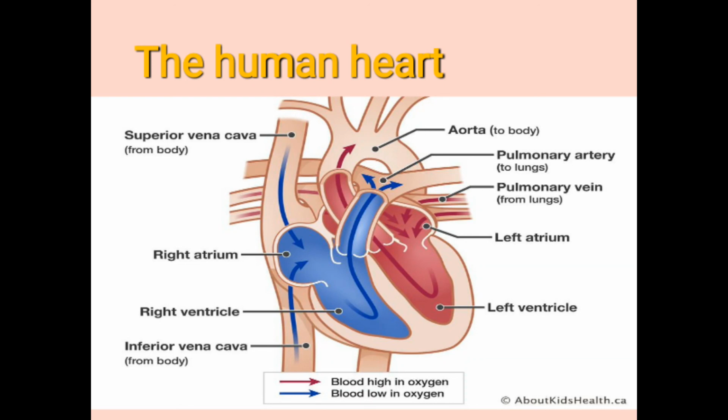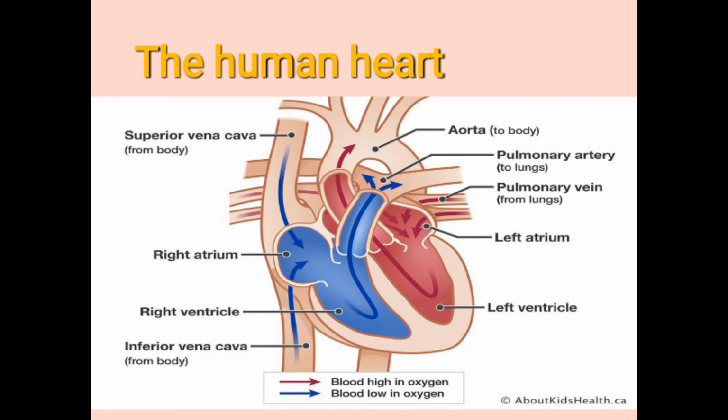So we're going to start with the right part of the heart. From the right part of the heart, we have the right atrium, and this right atrium is connected to the vena cava. The function of the vena cava is that it transports deoxygenated blood from the different parts of the body.